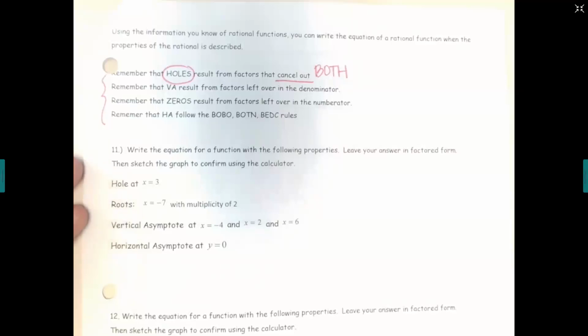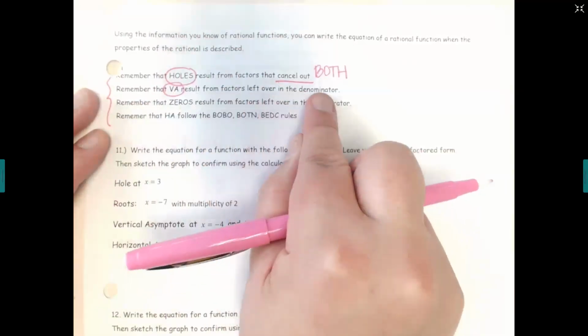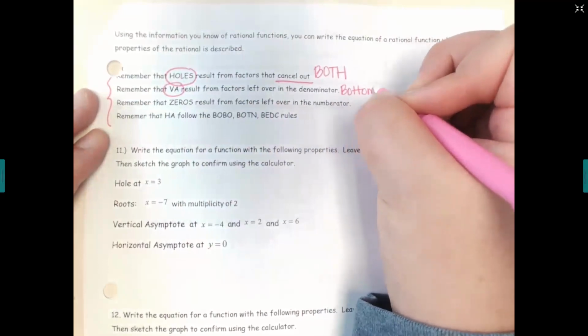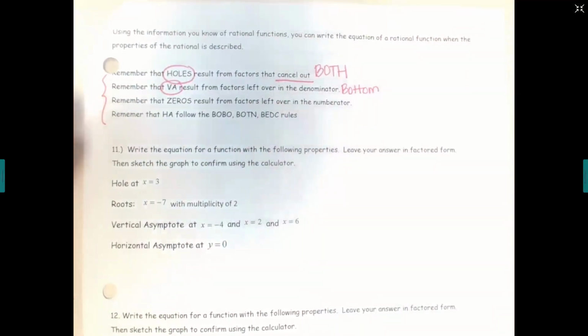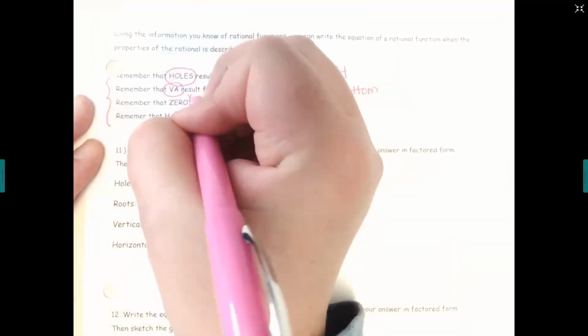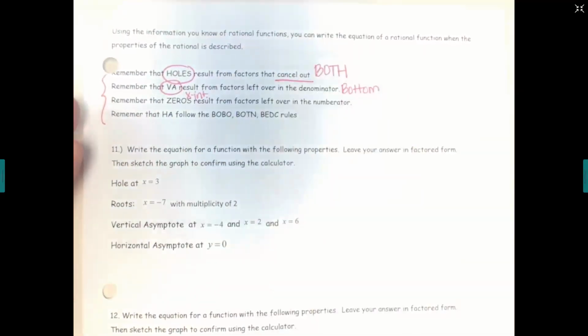The second thing we learned how to find last class were vertical asymptotes. And they were left over in the denominator. That means it's gonna be a bottom only. We also learned how to find zeros. Remember that a 0 and an x-intercept are the same thing. Do we remember where those were left over?